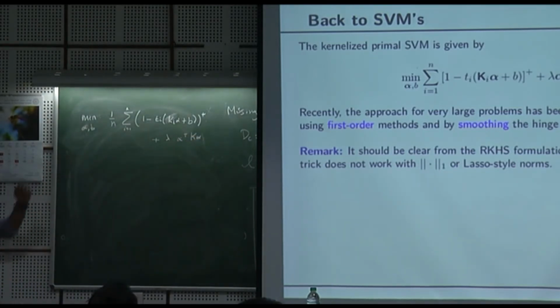So suppose I want to solve this problem. This is an unconstrained problem. What kind of idea comes to your mind as to what you would do to solve this problem?